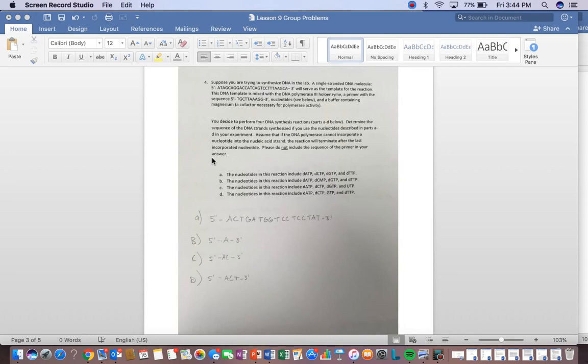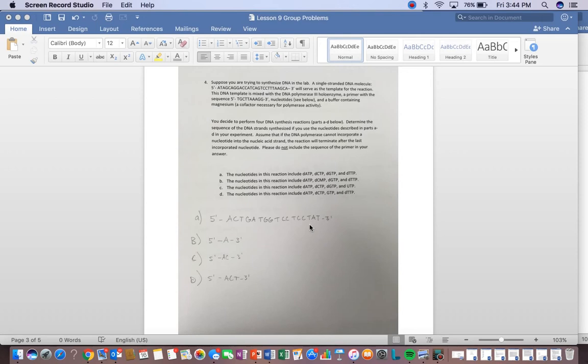Okay, so we know that the primer is going to match the 3' end to the 5' end. The 5' end of the primer will match up to the 3' end of the sequence and follow backwards. Going from the right to the left on the sequence, we will find the 11th residue, and that will be where we begin synthesizing for parts A through D. So in part A, we have the 4 nucleotides shown.